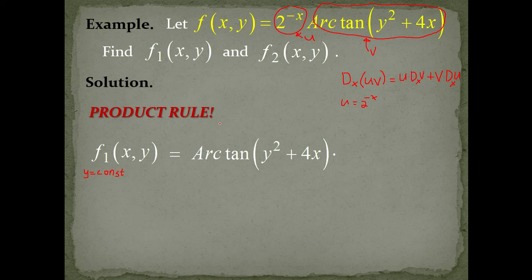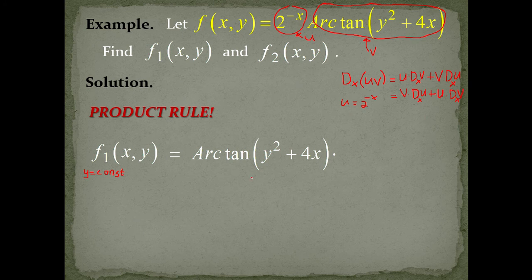So we have v times the derivative of u with respect to x, plus u times the derivative of v with respect to x. Our solution here follows this one, but anyway, they're just the same.